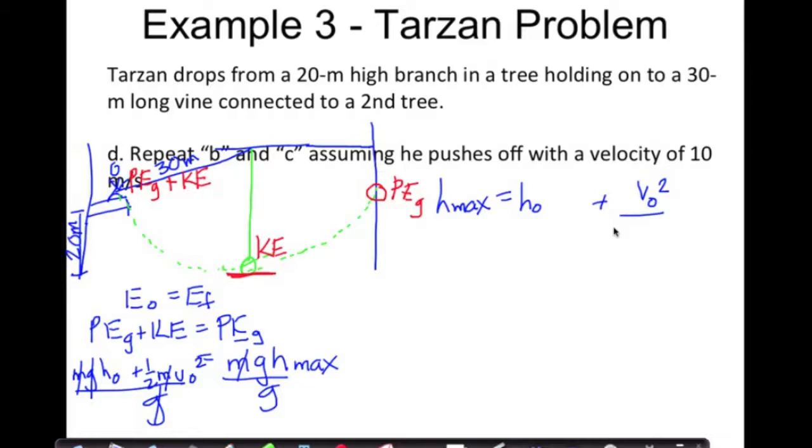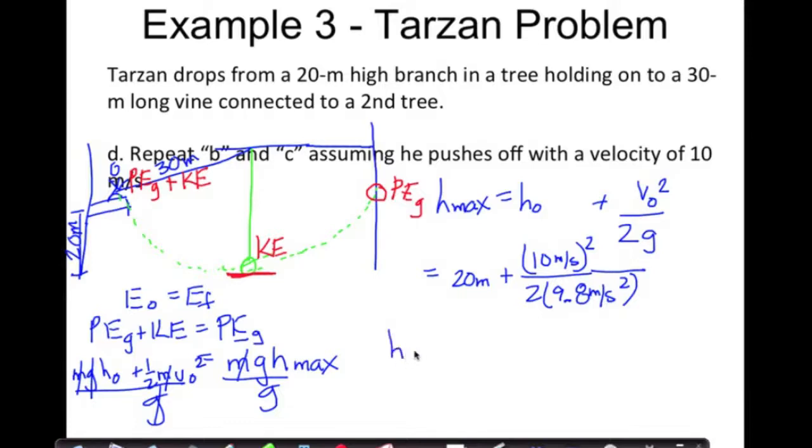We have a 2 left in our denominator, and gravity. When we plug in, we get 20 meters plus our initial velocity of 10 meters per second. We want to square that value, divided by 2 times 9.8 meters per second squared.